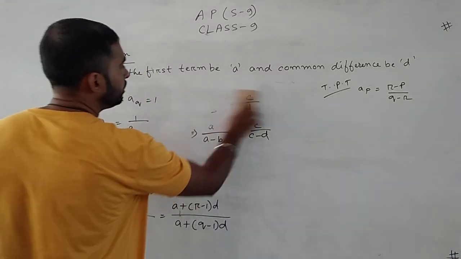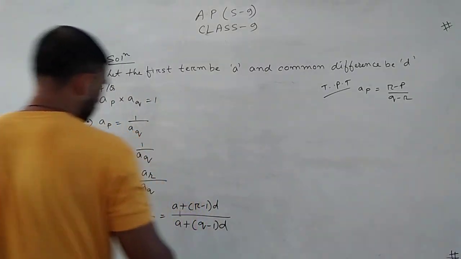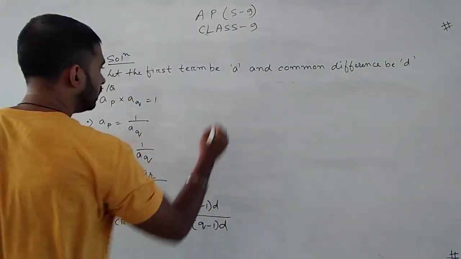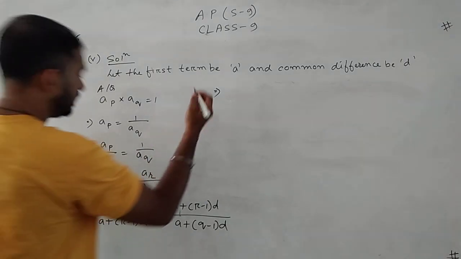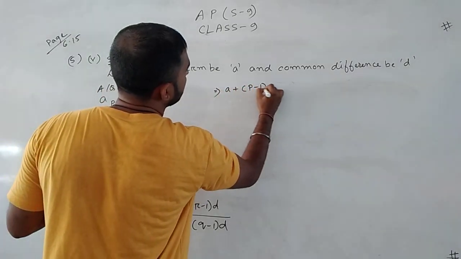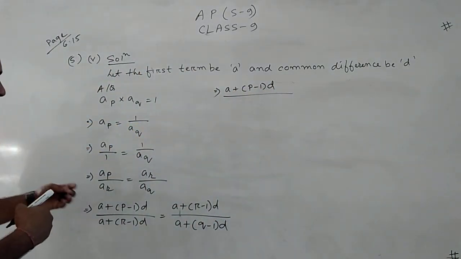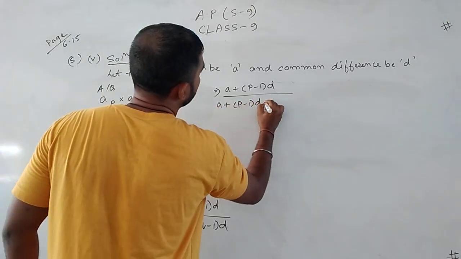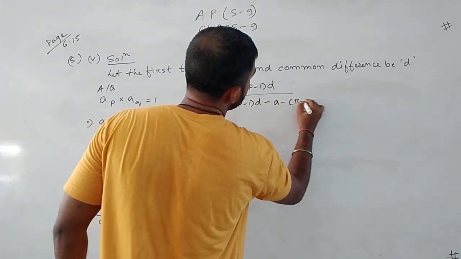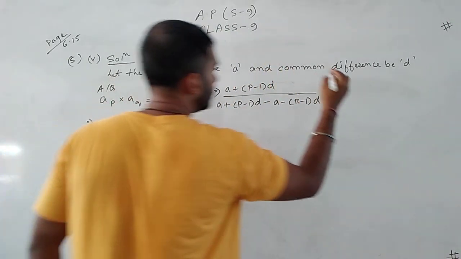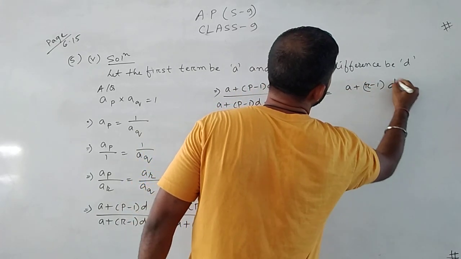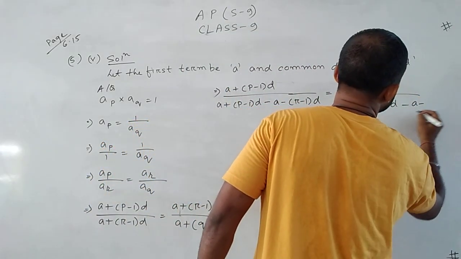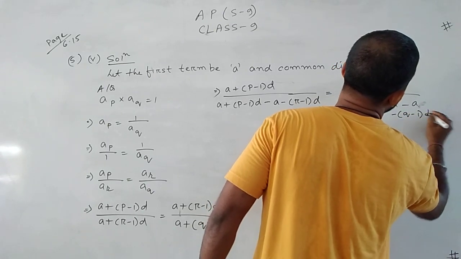So what is the next step? The numerator remains same, a plus (p minus 1)d. In the denominator it becomes a minus b: a plus (p minus 1)d minus a plus (r minus 1)d, and on the other side a plus (r minus 1)d by a plus (r minus 1)d minus a minus (q minus 1)d.